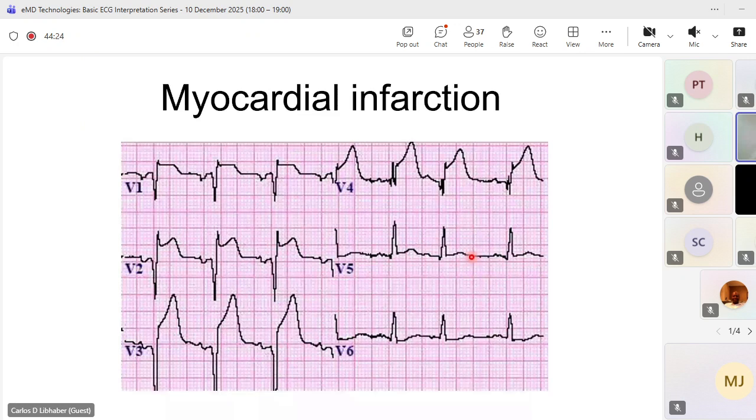Here you see ST elevation. You already see a Q wave. So there is necrosis already.